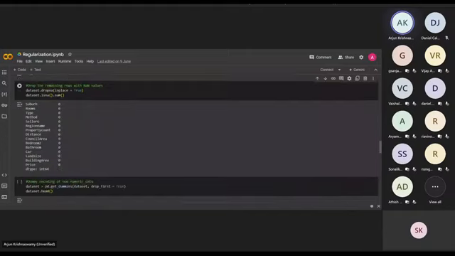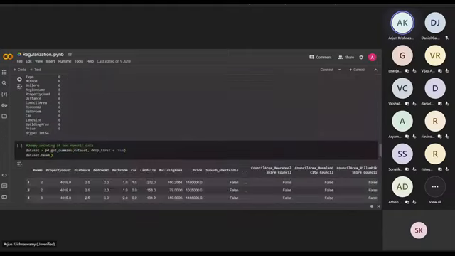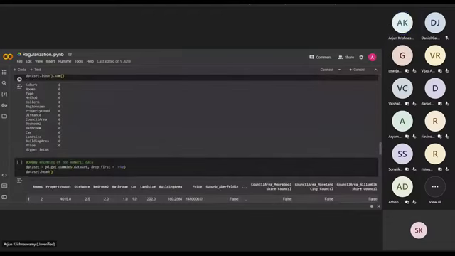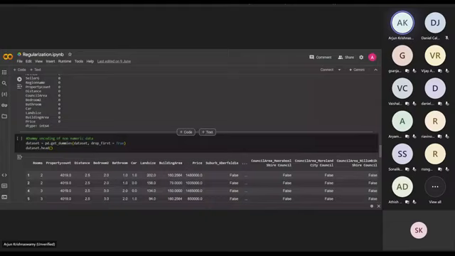The next part is to convert text into numbers. You have so many names and areas, so we use the Pandas pd.get_dummies function. It encodes these text values and converts them into numbers. This is a very useful way of encoding.